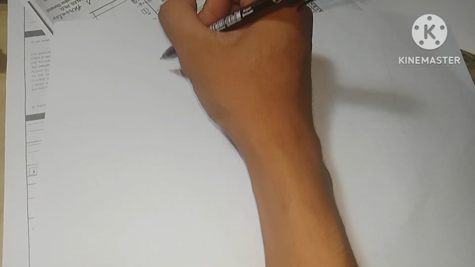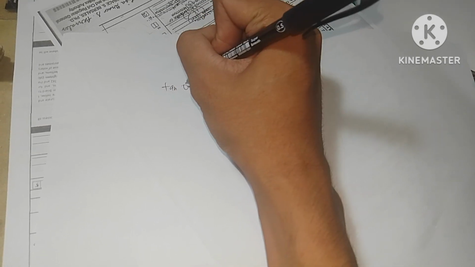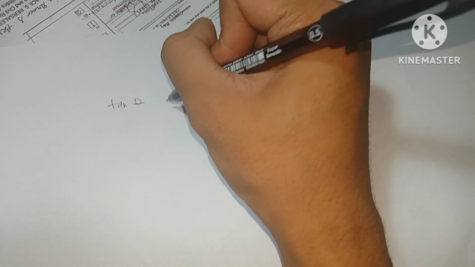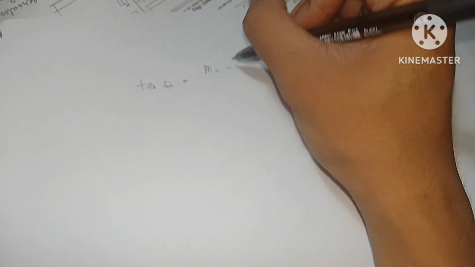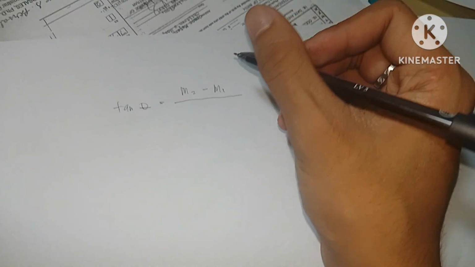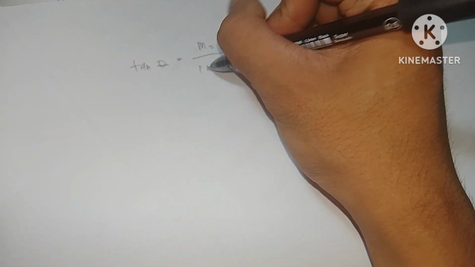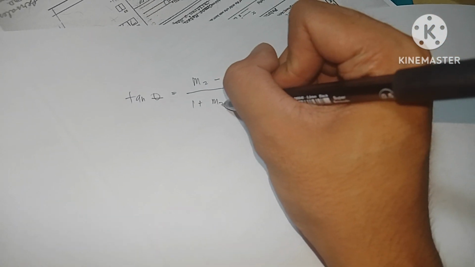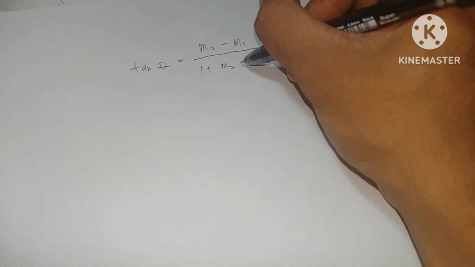So next, we will use our formula. Our formula is tan theta equals the absolute value of m2 minus m1 over 1 plus the product of m2 and m1.